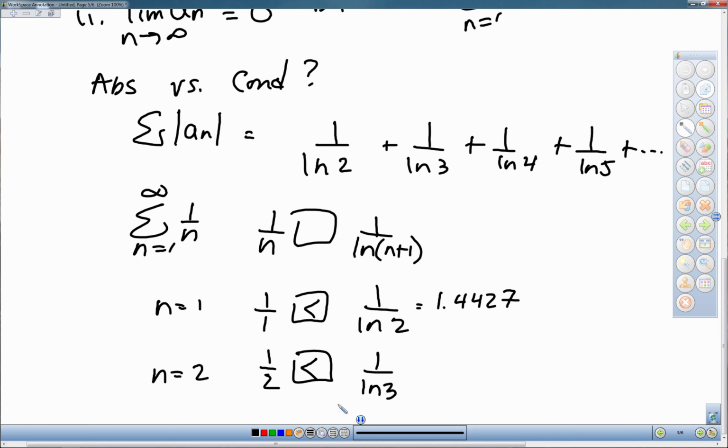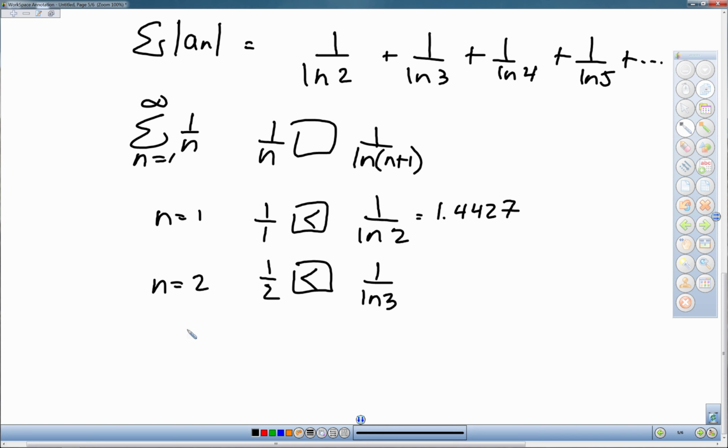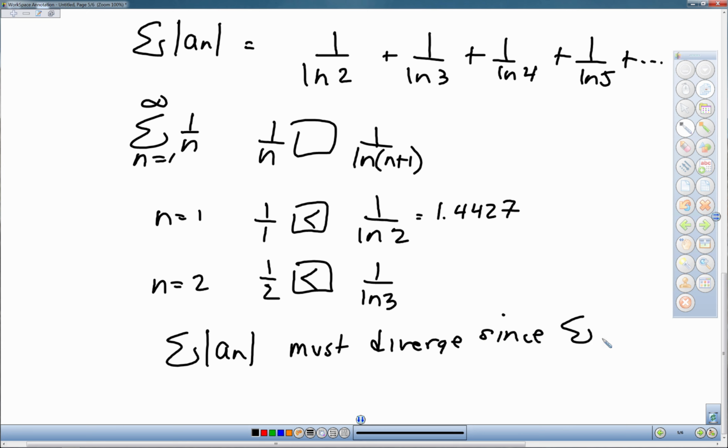And so, here's what we have. By the direct comparison test, we have that the absolute value of a sub n must diverge, since the series 1 over n is less than the series of the absolute value of a sub n.